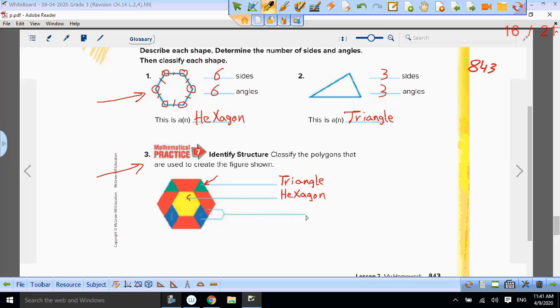So what do I write? I will not write parallelogram. I will not write trapezoid. I will write quadrilaterals, because quadrilaterals contain all shapes that have 4 sides.